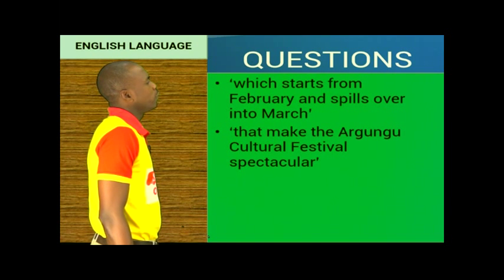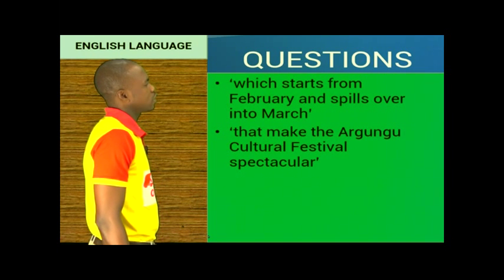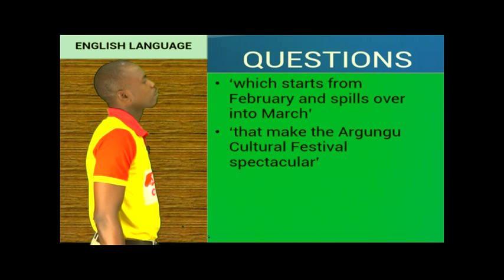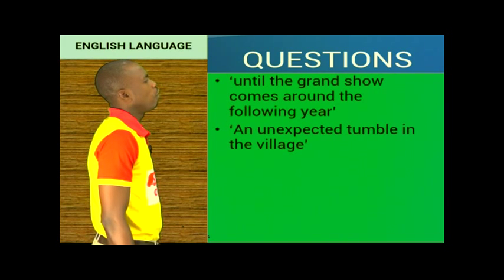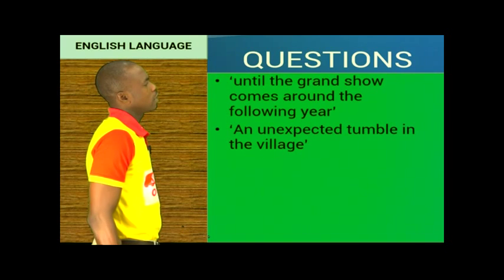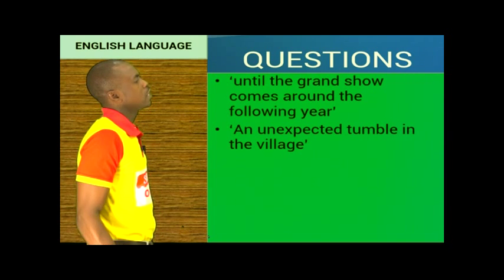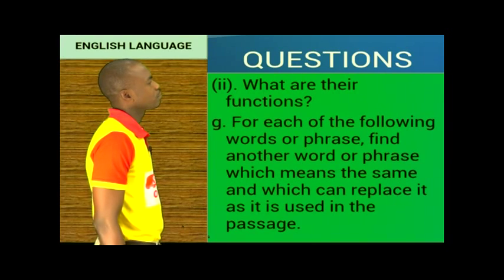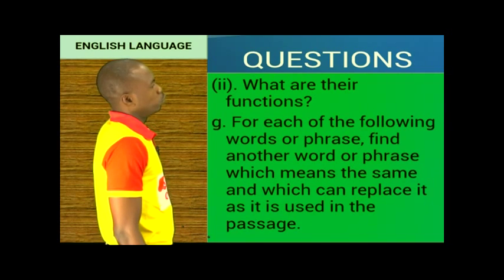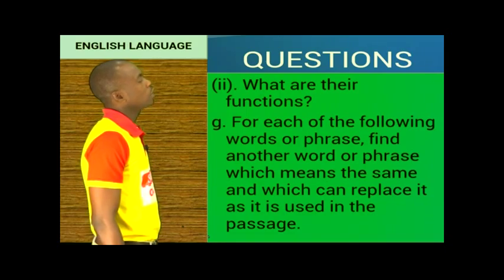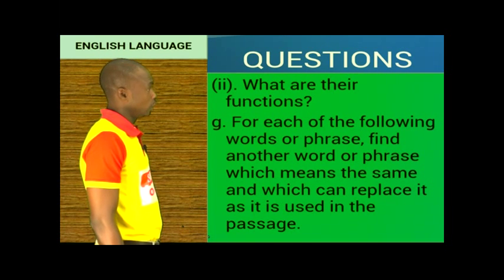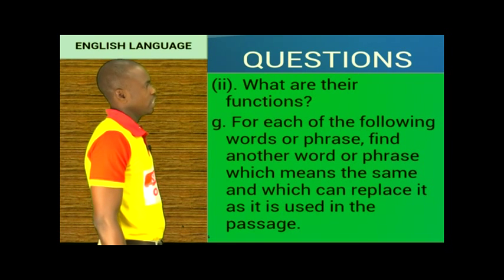Which starts from February and spills over into March. 3. That make Agugu Cultural Festival spectacular. 4. Until the grand show comes around the following year. And 5. An unexpected tumble in the village. F2. What are their functions? The functions of the structures given in F1.